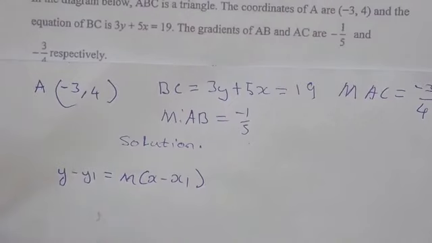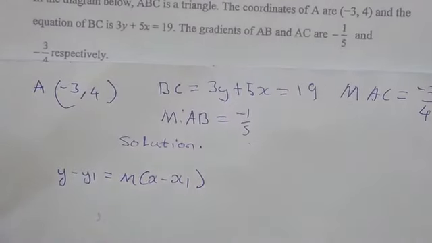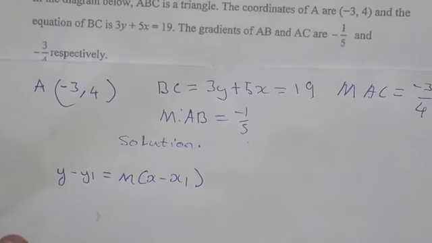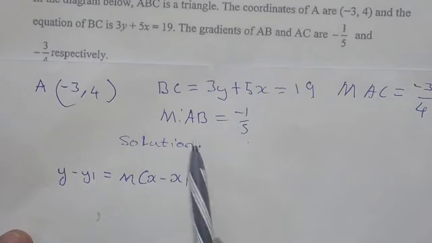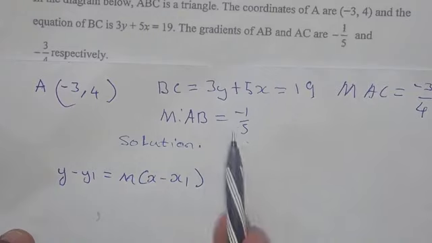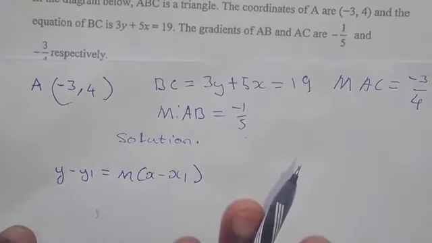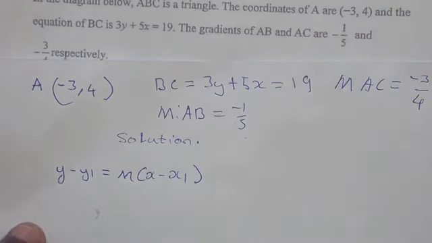This is the formula we use to find the equation of a straight line. We have the gradient of AB, which is negative 1 over 5, so we replace this m with negative 1 over 5.